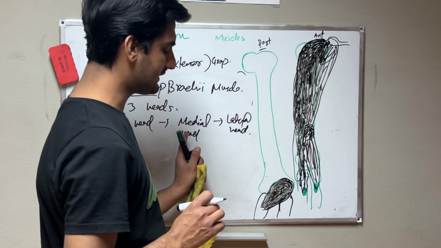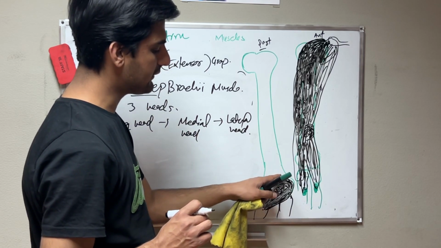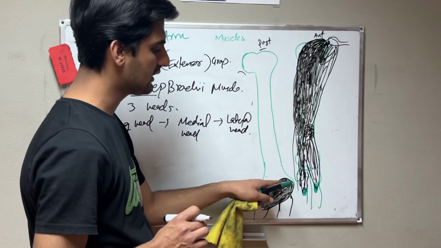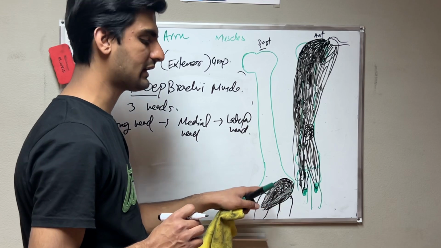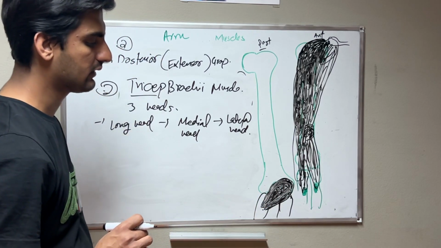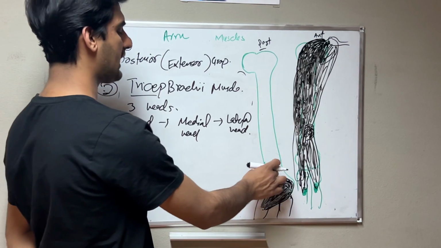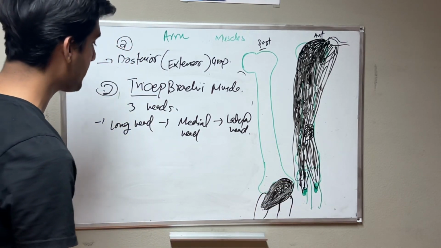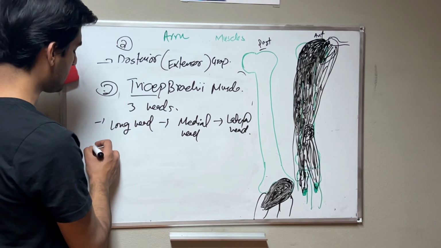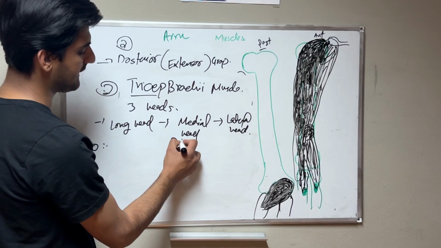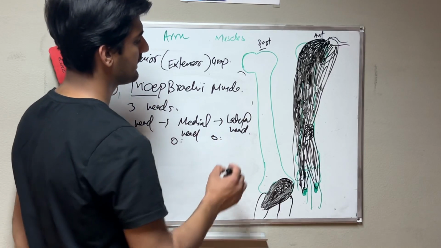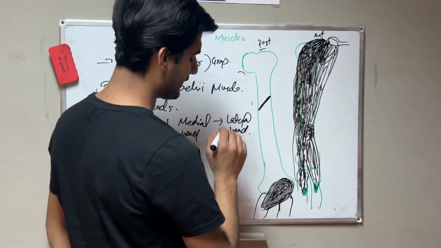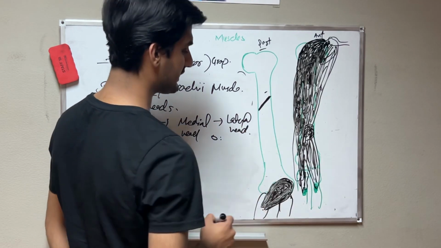If you talk about insertion first, on the posterior side of the humerus distally we have the olecranon fossa, and this olecranon fossa is for the olecranon process of the ulna bone. Now the origins of the different heads: in the diaphysis of the posterior view of the humerus we have a groove called the radial groove.